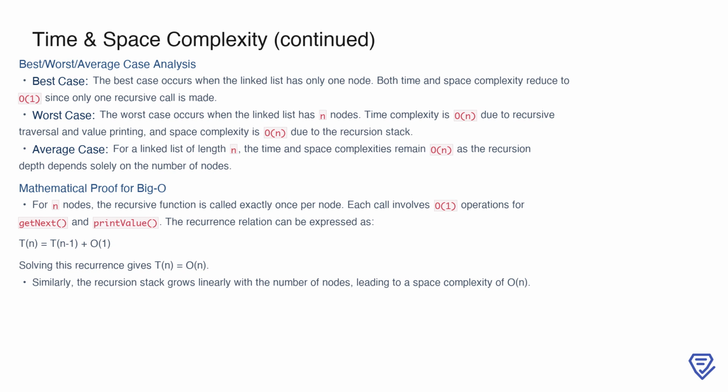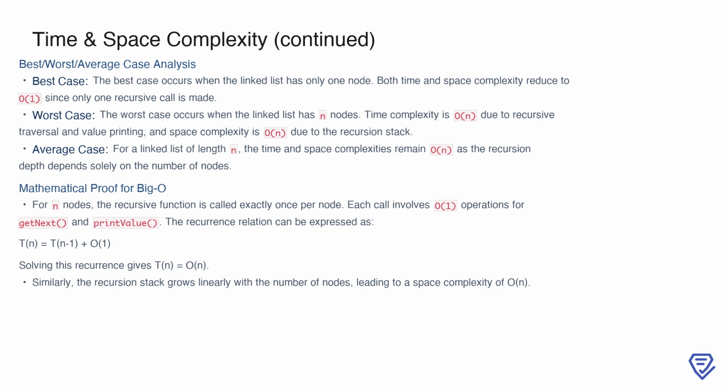In this case, the time complexity is O(n), because we need to traverse all n nodes and print their values. Similarly, the recursion stack grows to a depth of n, resulting in a space complexity of O(n). For an average case, with a typical linked list of length n, the time and space complexities remain O(n), as they depend solely on the number of nodes.